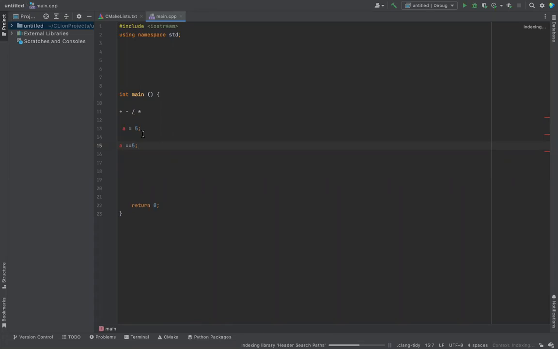The first one means A is equal to 5, and the second one means you are comparing A to 5. Now let's build a basic program with these signs. We are going to build a small calculator with this.